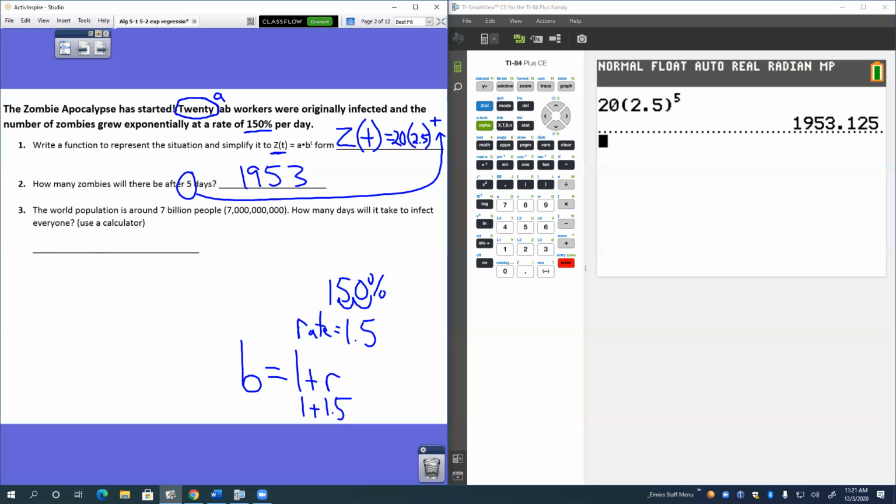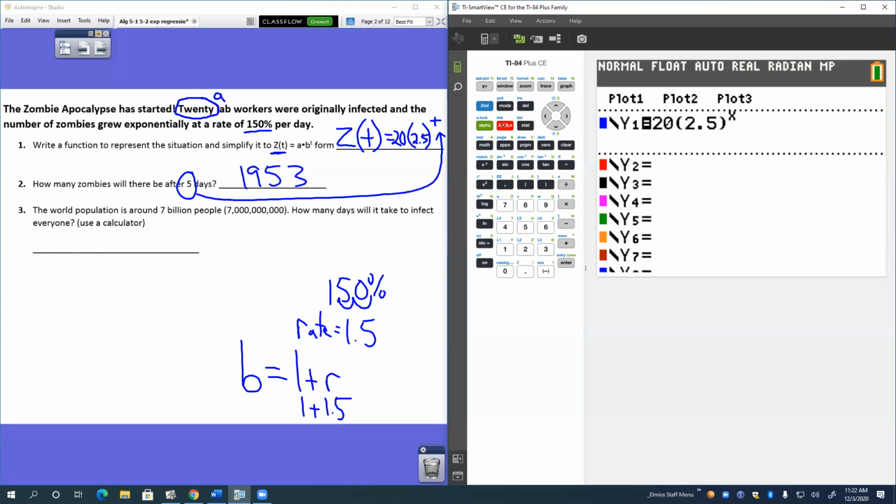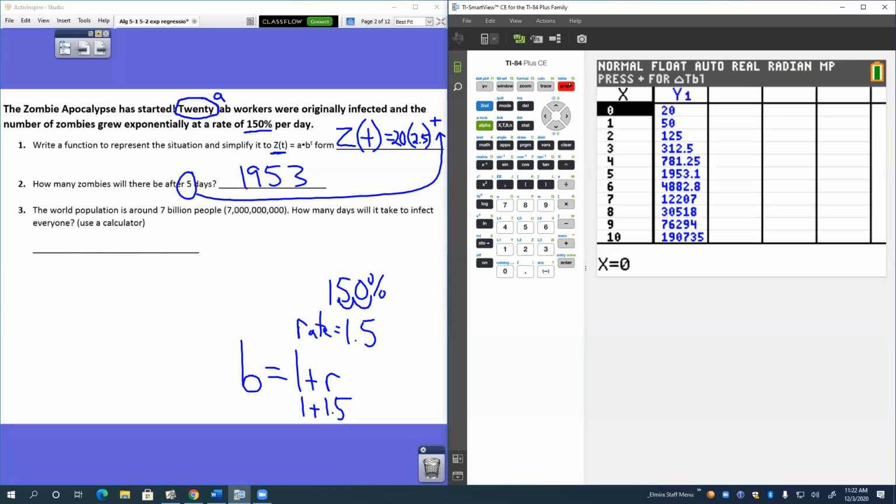If you forgot how to do this, you have to type this into your y equals. We have to type in 20 times 2.5 to the x power. And then we go to our table, second and table. Now we have to find 7 billion in our table.